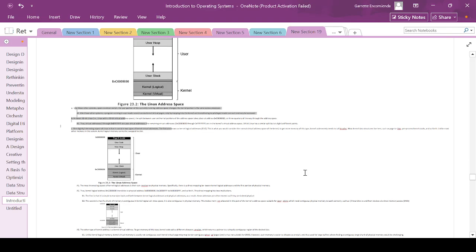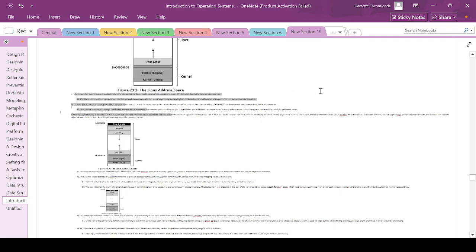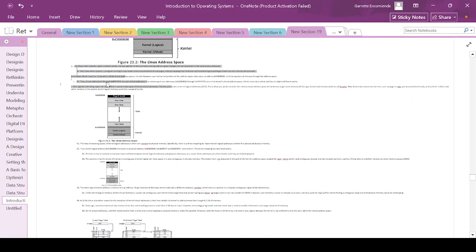Like other systems, upon a context switch, the user portion of the currently running address space changes. The kernel portion is the same across processes, so it's only the user address space that changes upon a context switch, just like in VAX/VMS. So this is one of the characteristics it learned from the past.